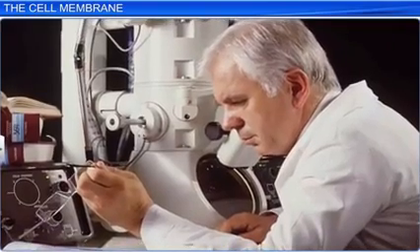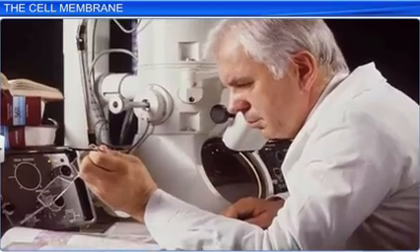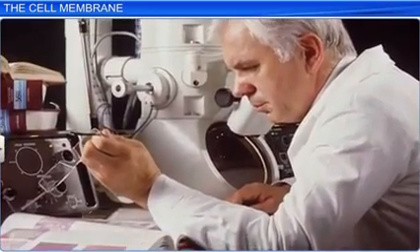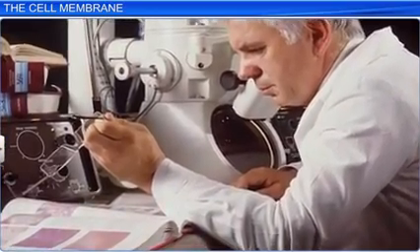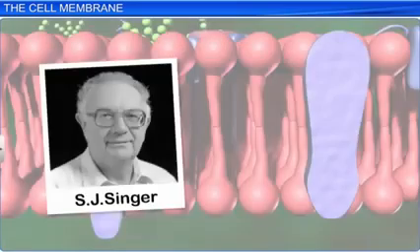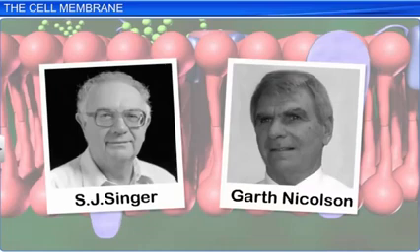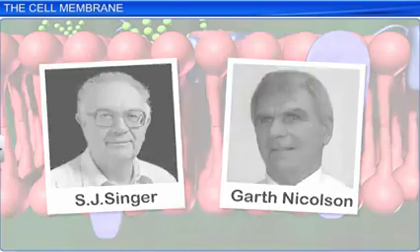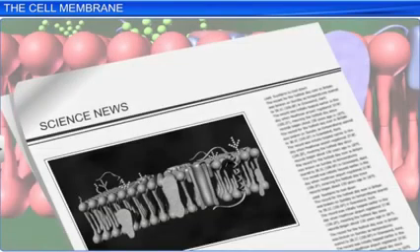The advent of the electron microscope helped scientists better understand the structure of the cell membrane, and finally in 1972, Singer and Nicholson put forth the fluid mosaic model, which was widely accepted by the scientific community. This model stated that lipids are found in the form of a fluid bilayer.